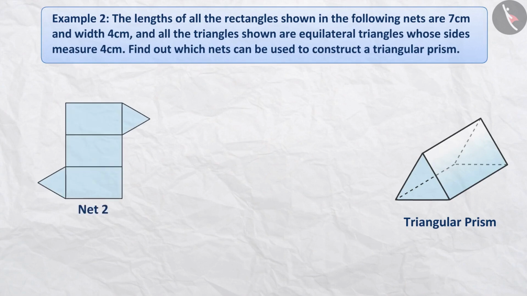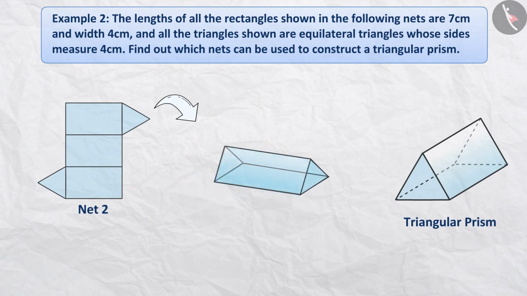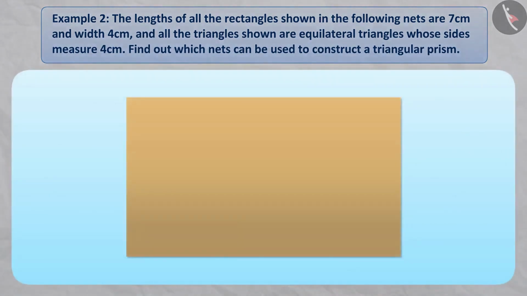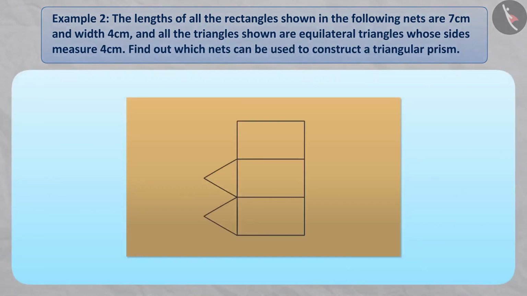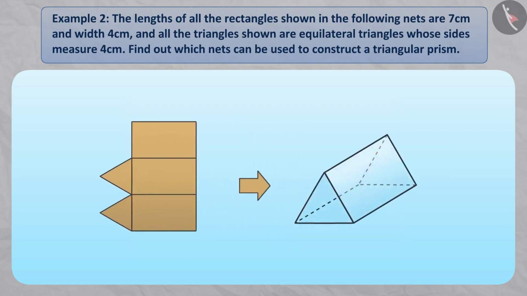Similarly, if we fold the second shape, in this case also we will get a triangular prism. Now draw the third shape on a cardboard. Cut it out of the cardboard and fold it to make a triangular prism.